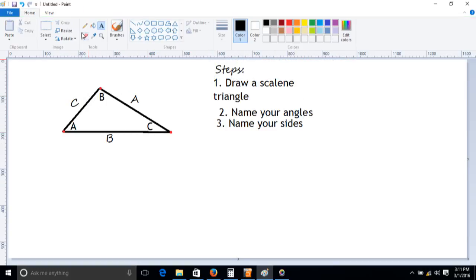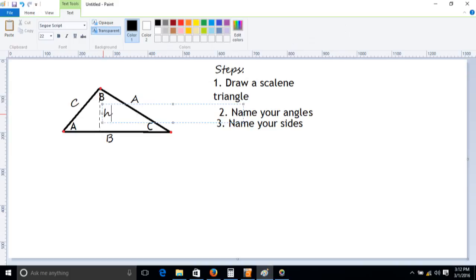So next is draw a line. I draw a height line to help you find the sine formula, the formula of sines of all the angles. Give it a name, maybe H or X. You can define it with H maybe.